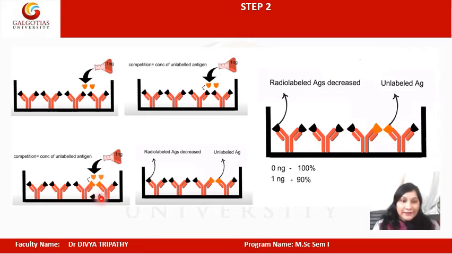Now you can see that as we have a very little concentration of unlabeled antigen, only a few labeled antigen have been replaced. Now we will wash this microtiter plate to remove unbound antigen.